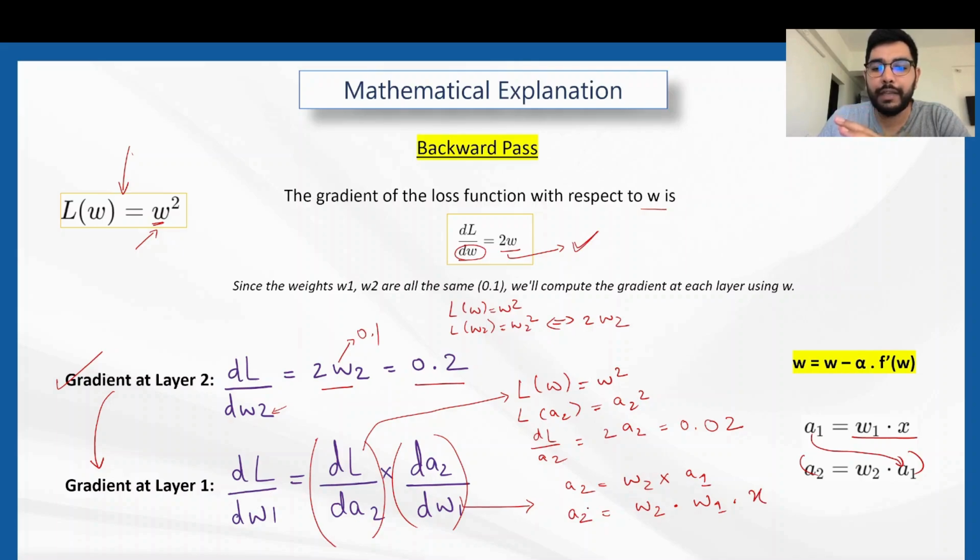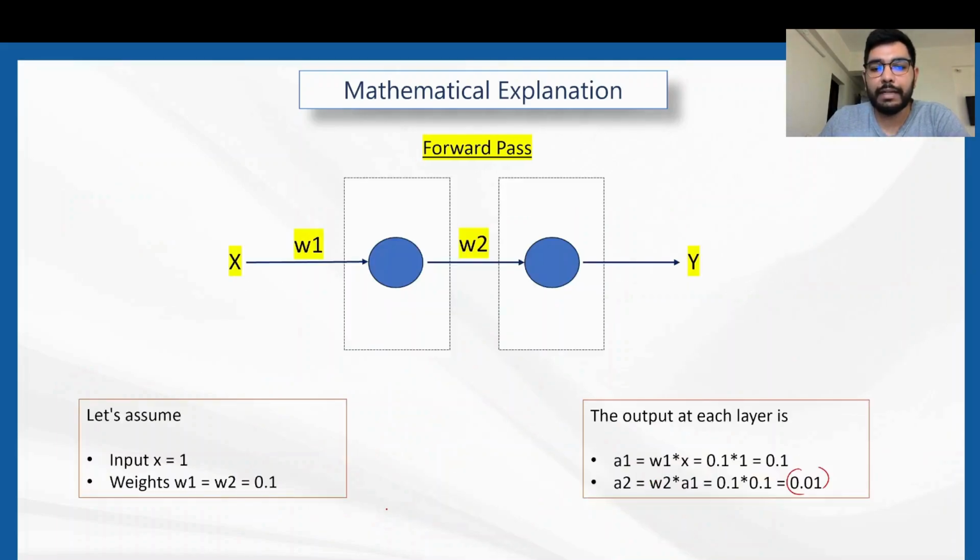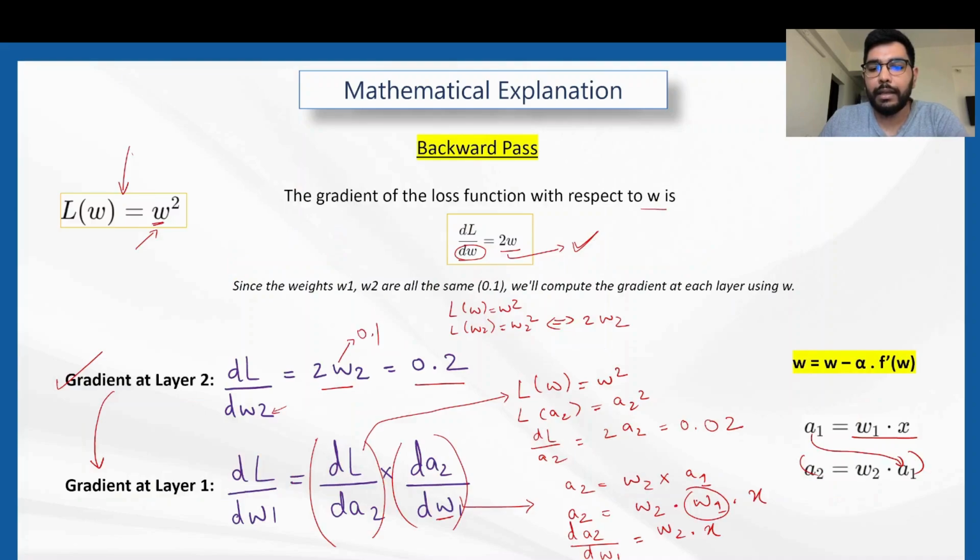Now, if I were to differentiate A2 with respect to W1, this particular thing would go, right? Hence, dA2 with respect to dW1 would become W2 cross X. W2, as we saw, the weight that we initialized is 0.1 and X is 1. The overall thing would become 0.1.